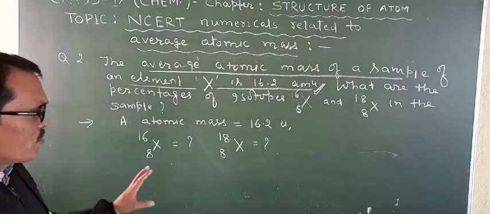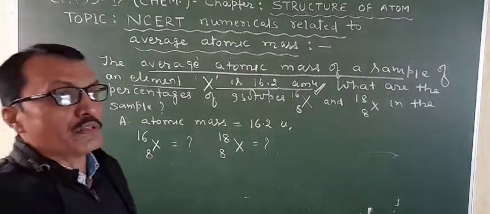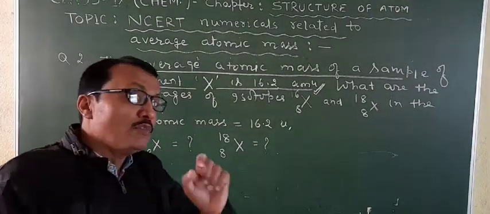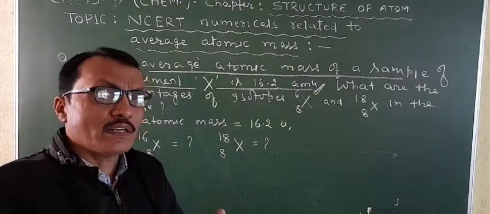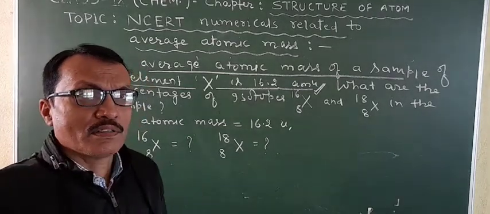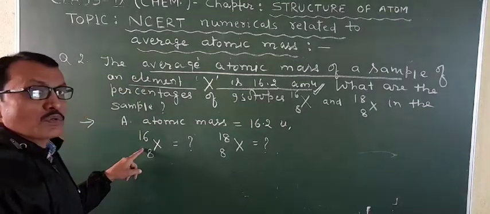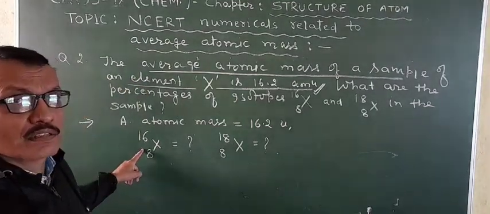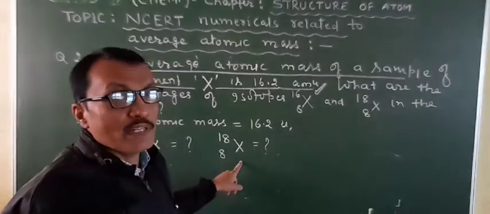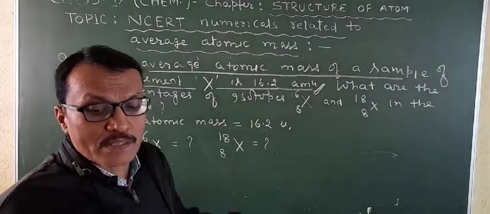Okay? So students, to solve this question, we will start by letting one of the isotopes be x, then the other will be 100 minus x.